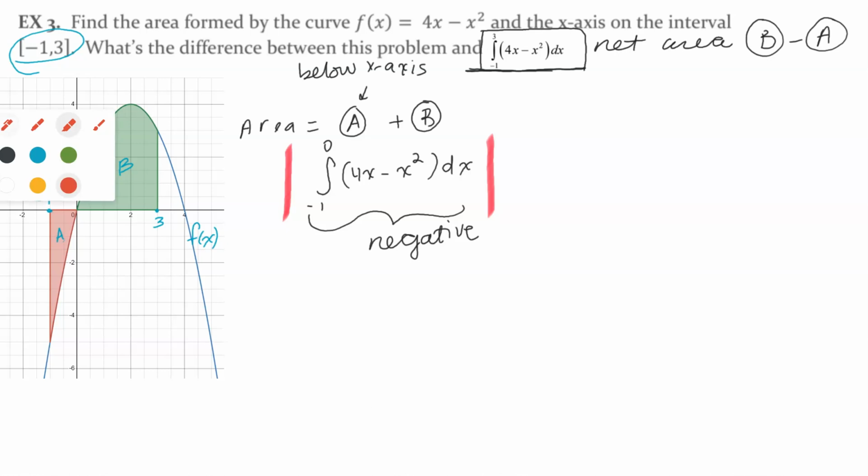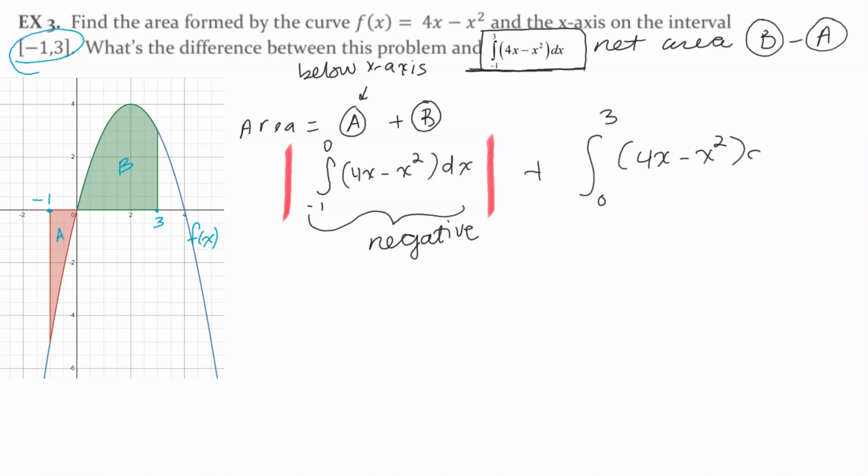That is part A, plus the integral from 0 to 3 of 4x minus x squared dx.